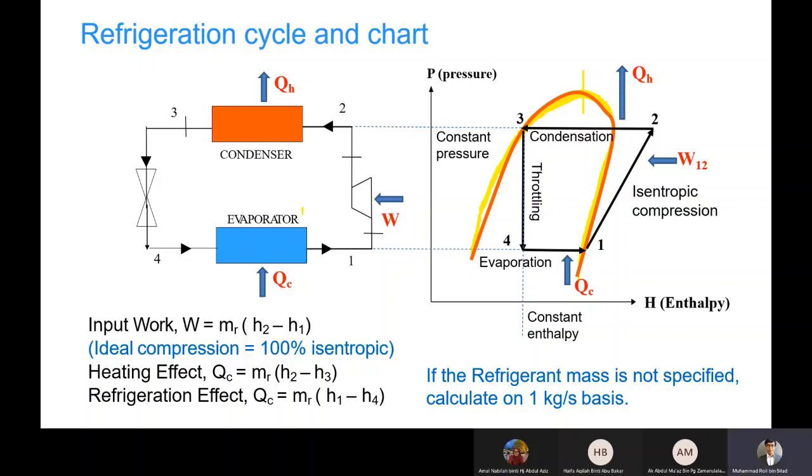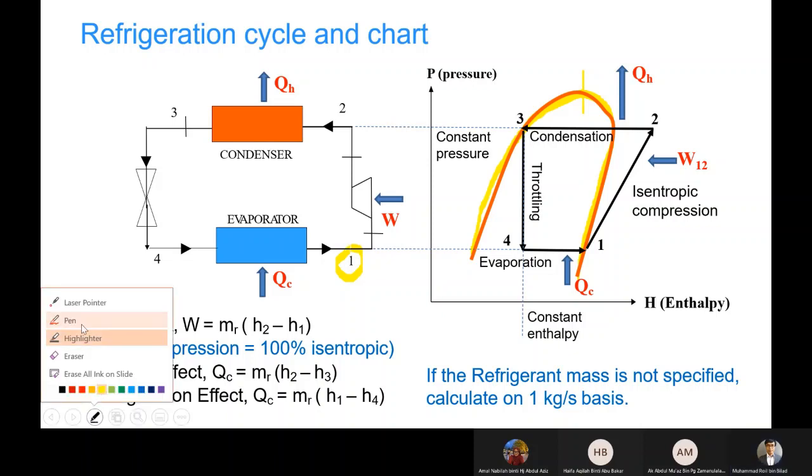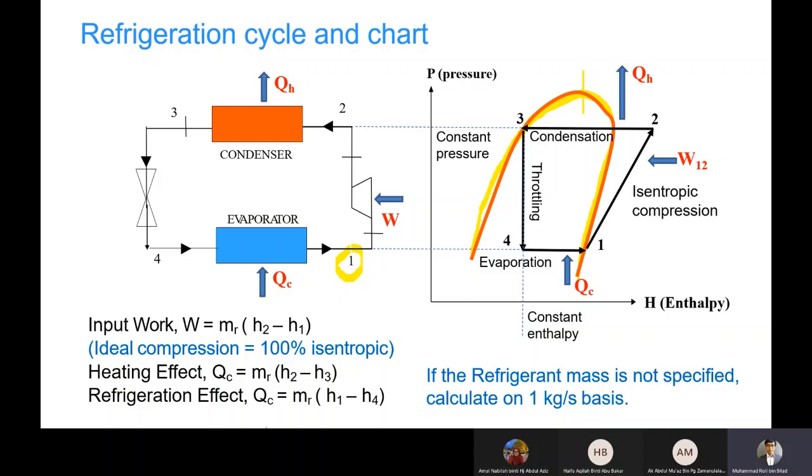Okay, when we analyze the cycle, point 1, we normally put just before the compressor. So this is the compressor.